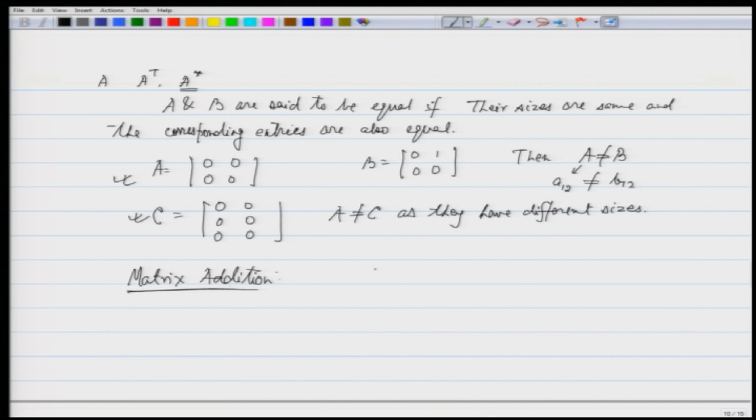Given a matrix A of size m cross n, entries are a_ij, another matrix B of size say m cross n, entries b_ij. Important thing here is that the sizes of the two matrices A and B are same. A and B both have m rows and n columns, fine.